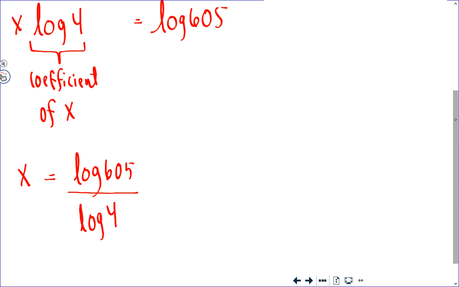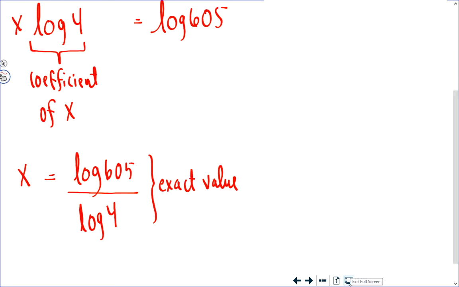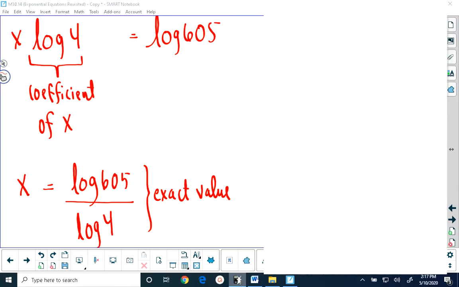This is an exact value. And you cannot simplify it. You can't divide 605 by 4. That wouldn't be allowed.